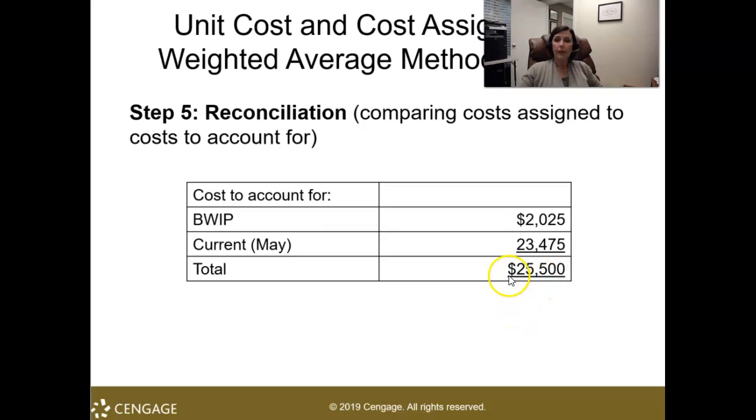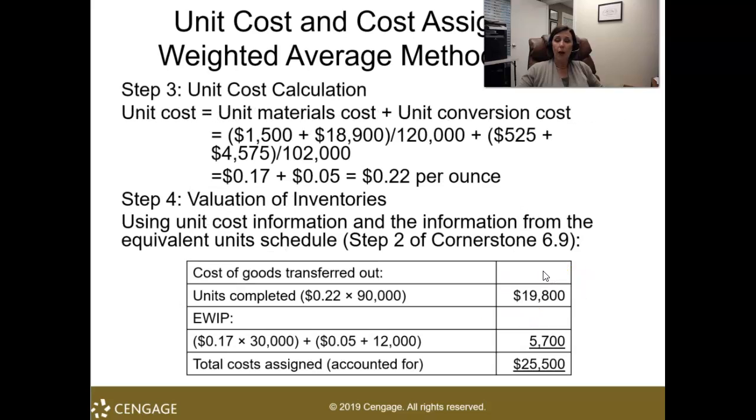So again, still the same total costs, but now we're looking at 22 cents for units completed at 90,000, and the split is 17 and 5, rather than 18 and 5, for the cost to get us to our 25.5.